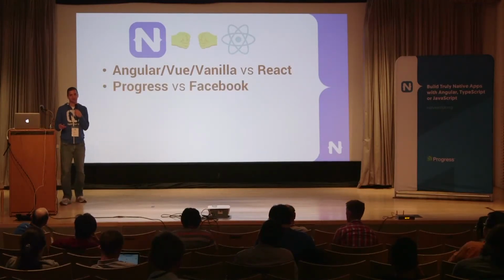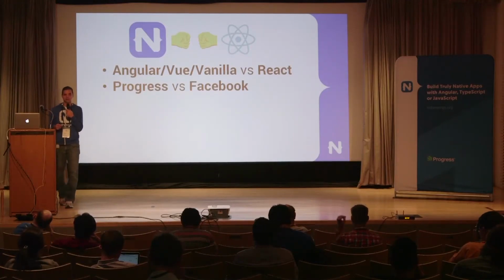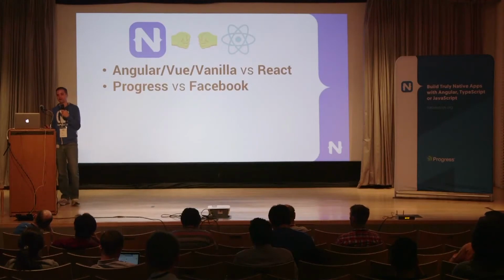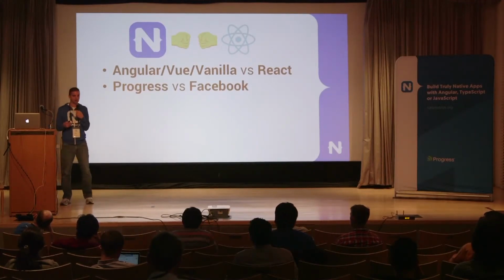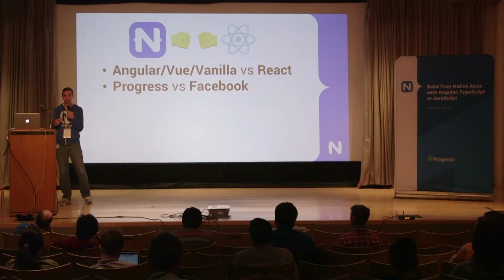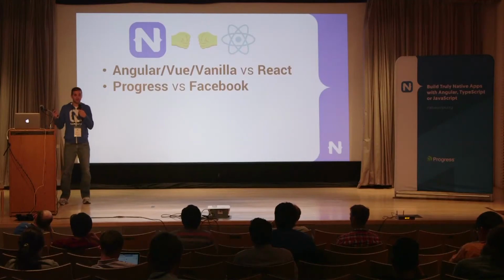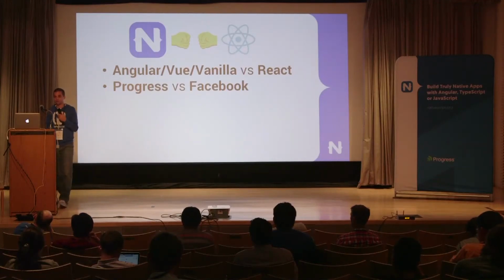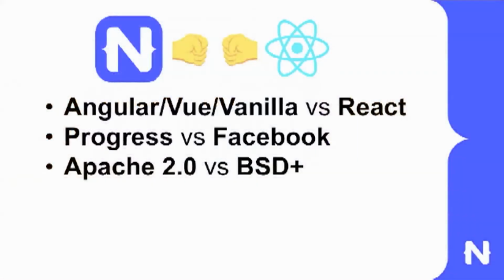Progress versus Facebook. Facebook, everybody knows Facebook. They have a pretty strong history with open source, except for the whole Parse debacle. But Progress, NativeScript is actually a key component of Progress's mobility strategy going forward. So it's really core to us. Is React Native core to Facebook? Maybe, maybe not. I don't know. The licensing is a little bit different. NativeScript and React Native, they're both licensed under very permissive Apache 2 versus BSD.